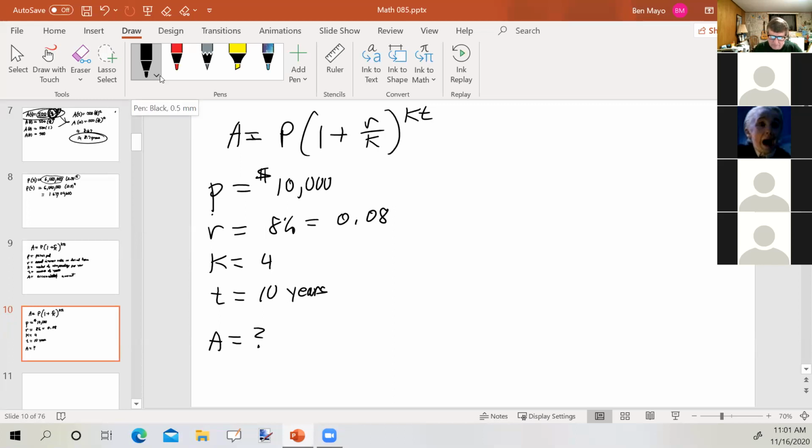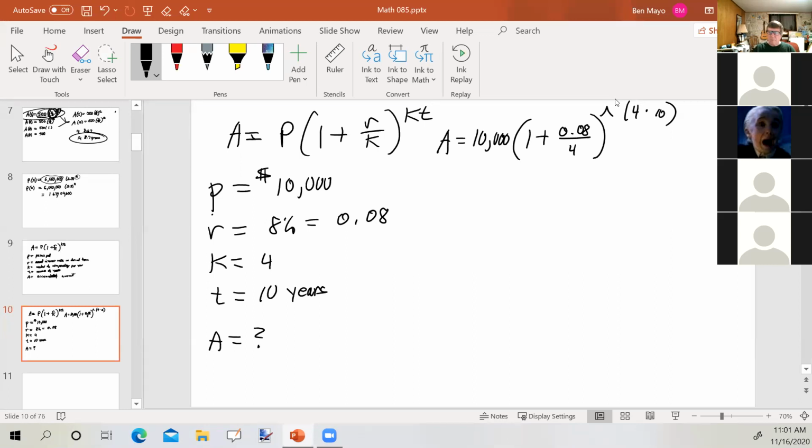All right. Any questions yet? So A equals 10,000 times parentheses 1 plus 0.08 divided by 4, all raised to the 4 times 10 power.